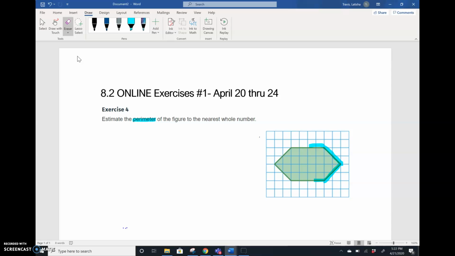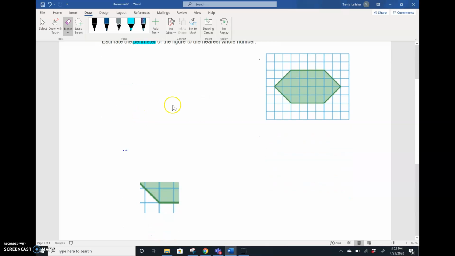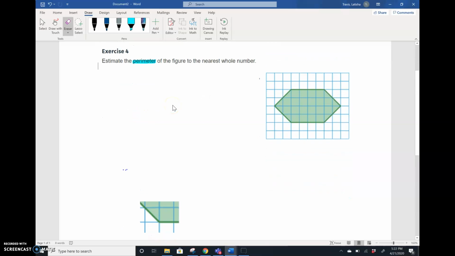Now there are two important things to know when we are trying to find the perimeter of figures on coordinate grids. The first thing we need to know is that the lengths that run along the edge of the squares on the grid are going to be 1 unit in length.